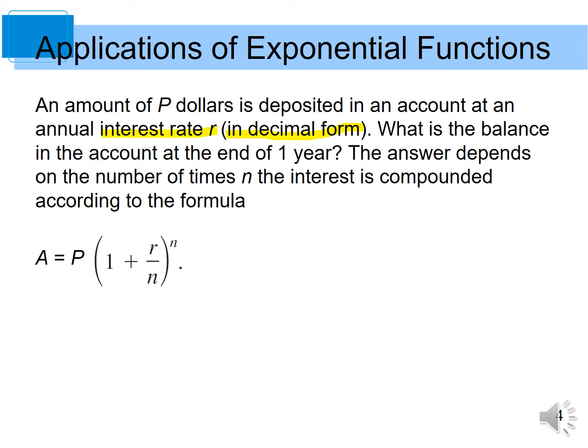And the P is total amount deposit in account. What is the balance in the account at the end of 1 year? The answer depends on the number of times the interest is compounded, according to the formula. N represents number of times.